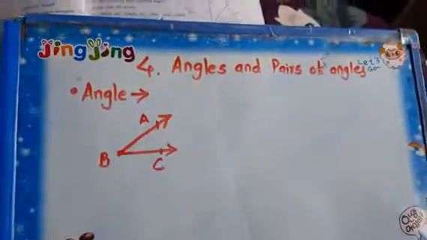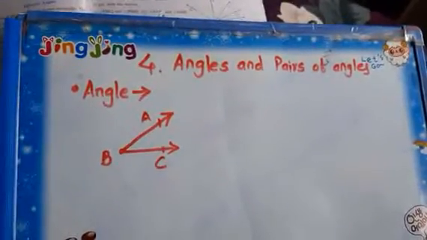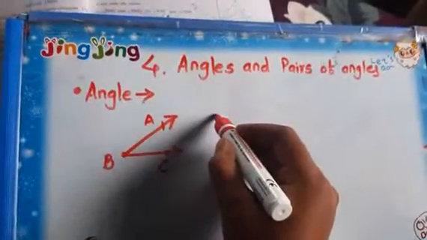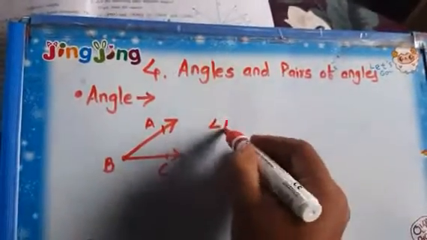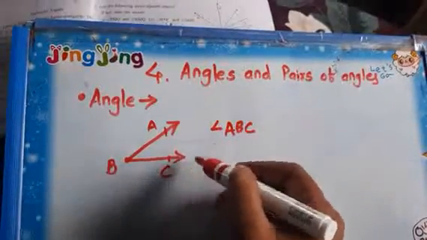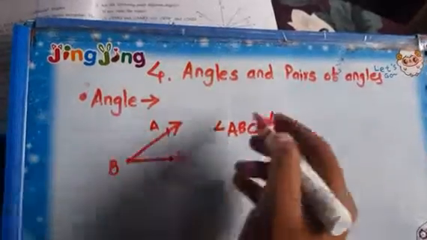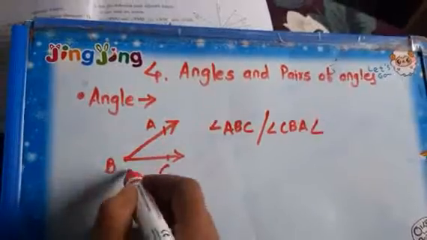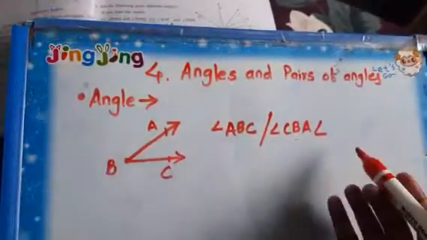So some questions I will ask for this, just try to answer that. Write the name of the angle shown alongside. In which way can we write the name of this angle? It can be written with the angle symbol as angle ABC in this direction, or angle CBA in this direction, or whatever common point is in between these two rays, simply by that name only we can represent the angle.